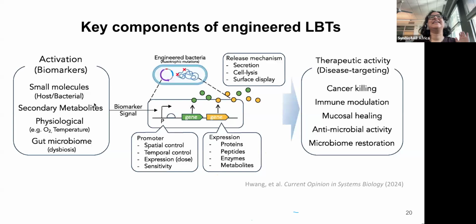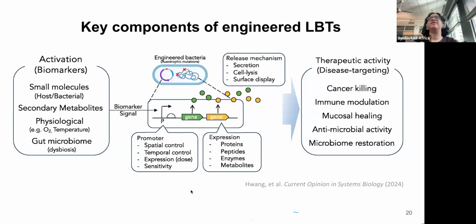And so once we have that signal received from some of these different things that can trigger our therapeutic, we can use promoters to have very specific control over bacteria in a location. And so those promoters can be tuned so that we can have different expression states.